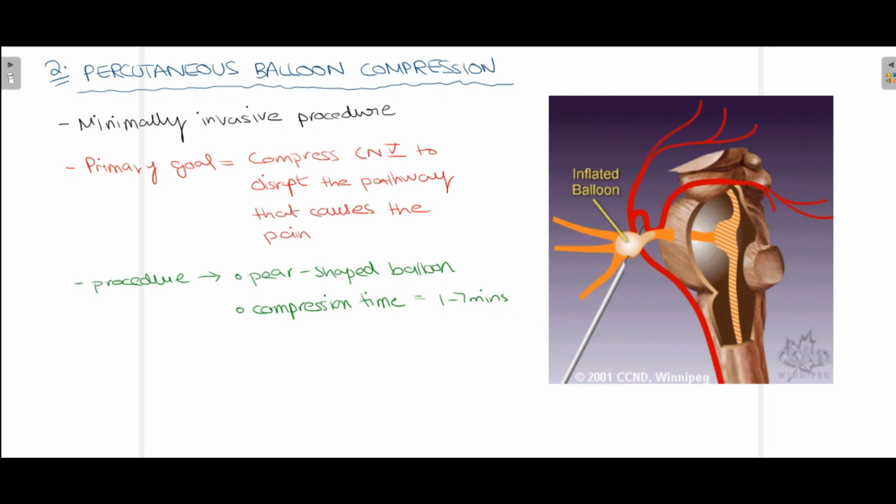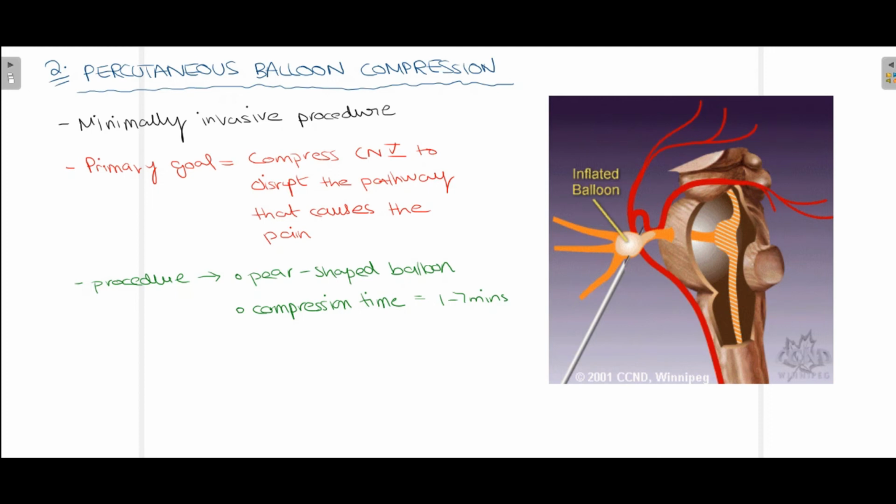Now, how do we perform this procedure? As you can see in this picture, there is a pear-shaped balloon, and this balloon is inflated for around 1 to 7 minutes. This is the compression time. When you compress, the fibers are compressed for the time being, and they start to die or are destroyed. When they are destroyed, it helps to decrease the rate of nerve conduction over here, and this helps to relieve the pain of the patient.